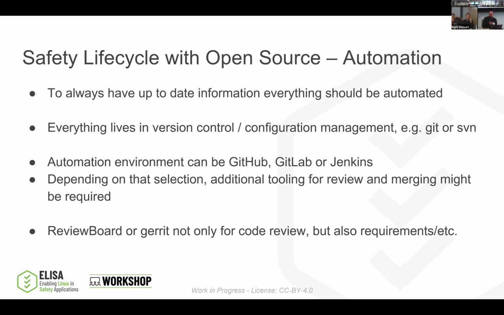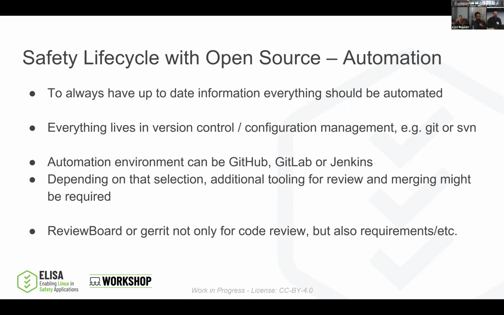Then, as I mentioned, maybe you need some additional tools for doing the merging, review and approval process. In the case of Jenkins, for example, we don't have anything integrated in there. For that, we could use Gerrit or Review Board as two open source tools to do this work, especially Review Board, I would say, if you're talking about the full product development, because it's better for doing review of arbitrary kinds of documents, whereas Gerrit is, of course, a bit more focused on source code.